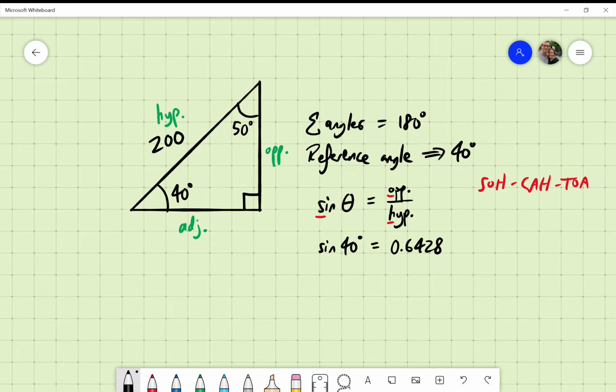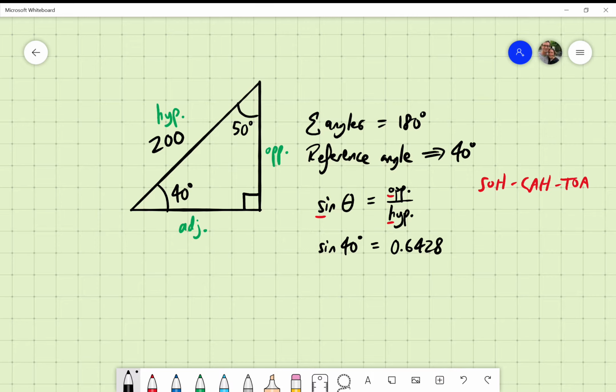What this tells me is that the opposite side, because the sine function deals with the opposite side, is going to be 64%, or 0.6428, of the hypotenuse, because this is a ratio of sides.